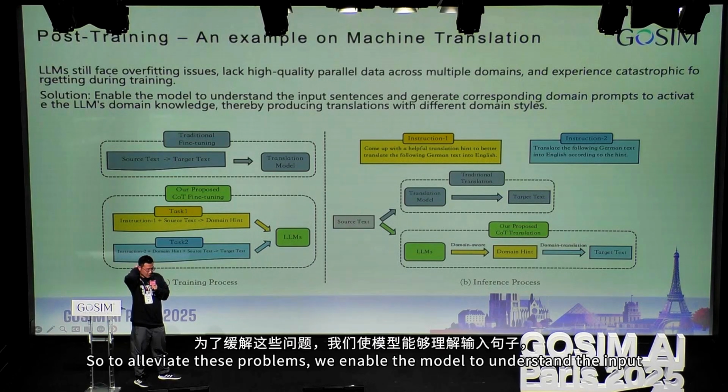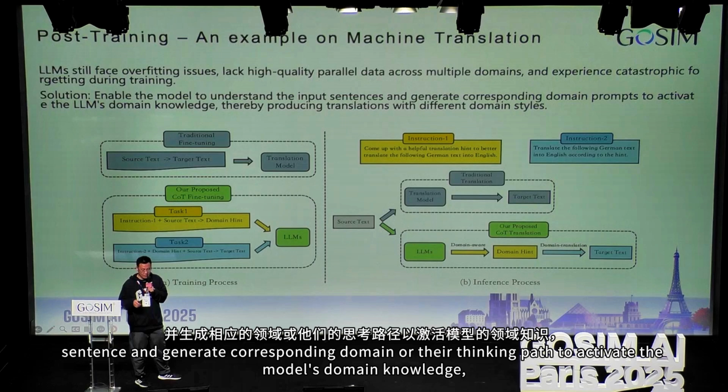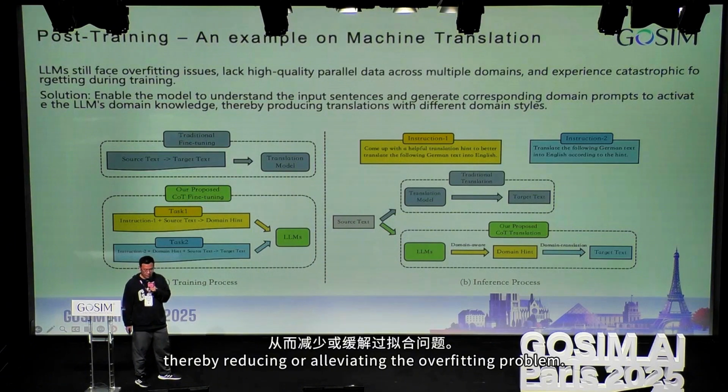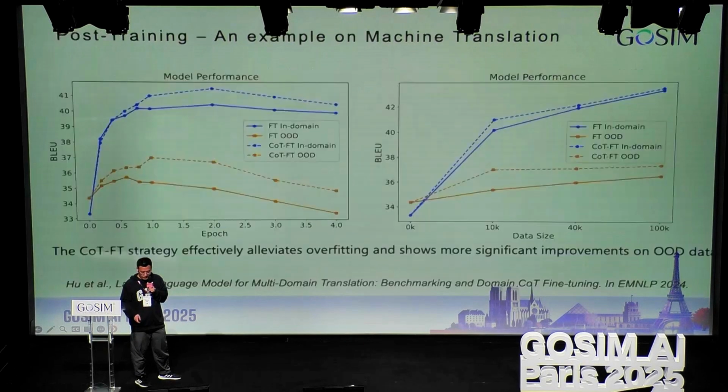To alleviate these problems, we enable the model to understand the input sentence and generate the corresponding domain thinking path to activate the model's domain knowledge, thereby alleviating the overfitting problem.